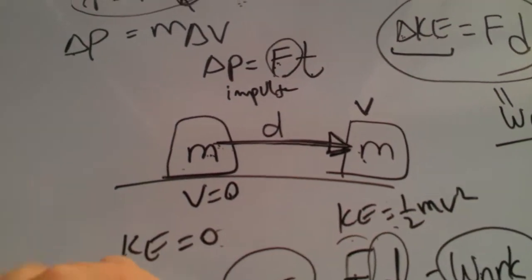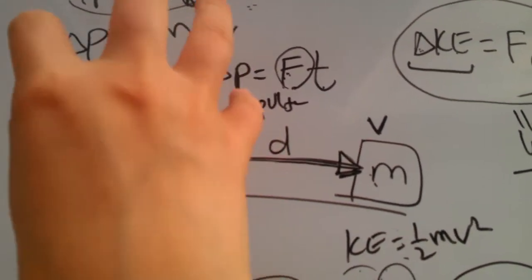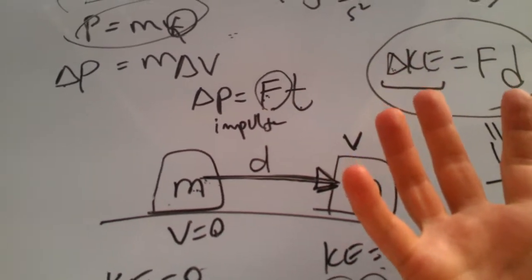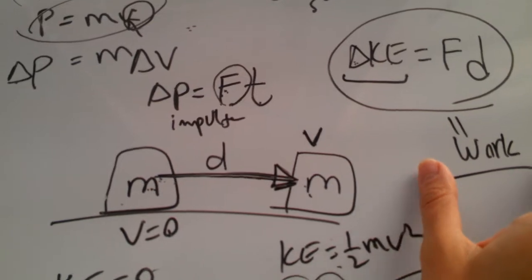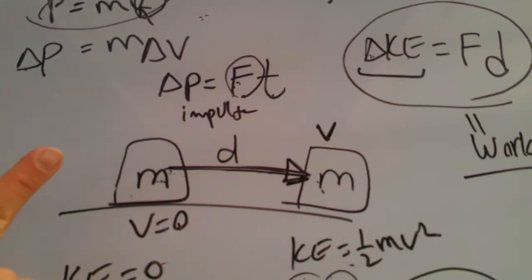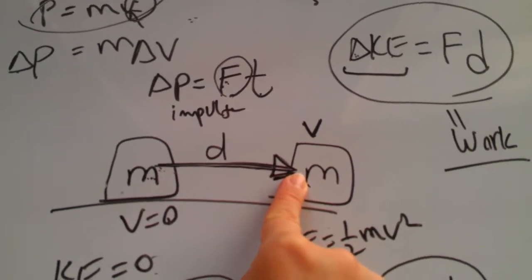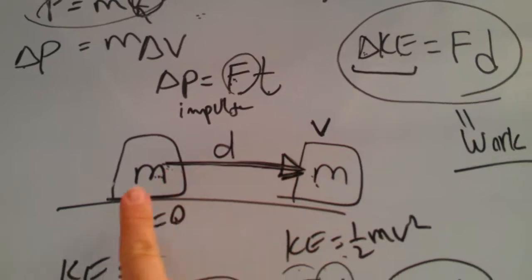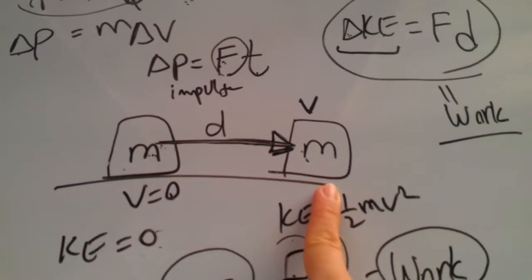If I'm doing some work with my exerted force, I'm moving this somewhere else. This means work is done on the object, right? And this work is basically the force times the displacement of the force, and it causes kinetic energy to change. See, it was at rest and now it's moving, right?